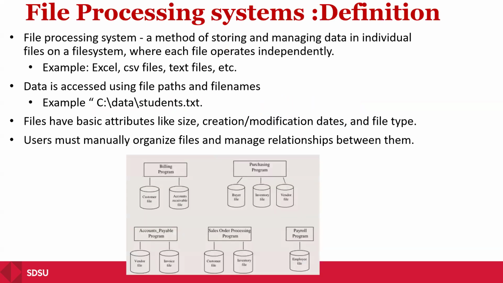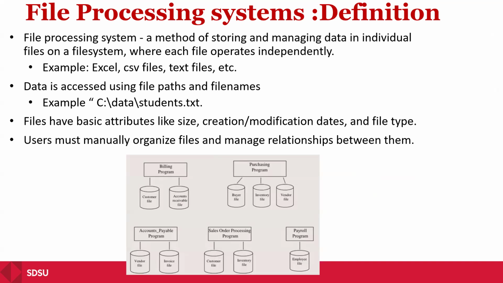Okay, so what is file processing system? File processing system is a way to store and manage individual files on the file system, where each of those files operate independently of each other.